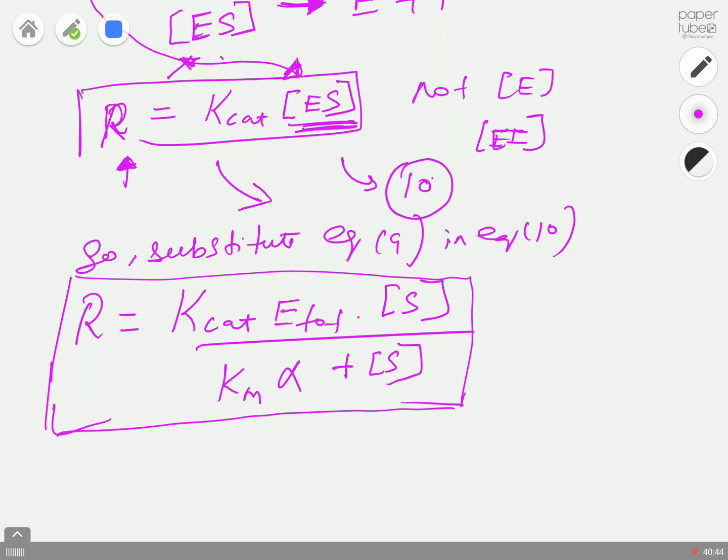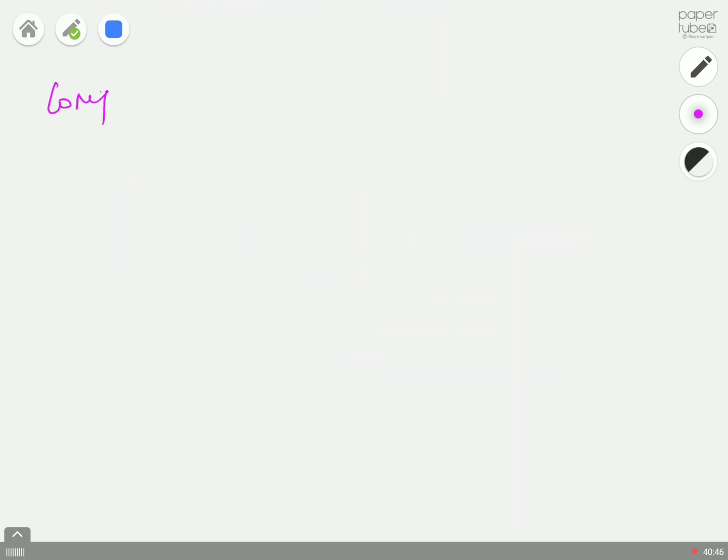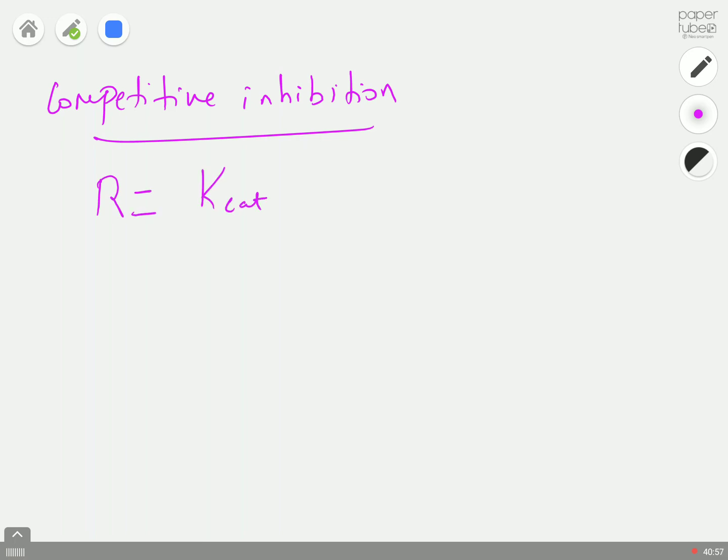So, competitive inhibition, and the rate expression is given by R is equal to K catalyst, E total, the concentration of your enzyme, multiplied by your substrate concentration divided by Km alpha plus your substrate concentration.